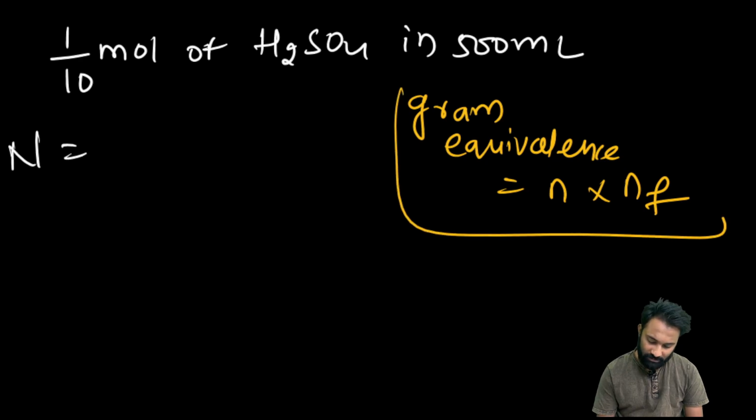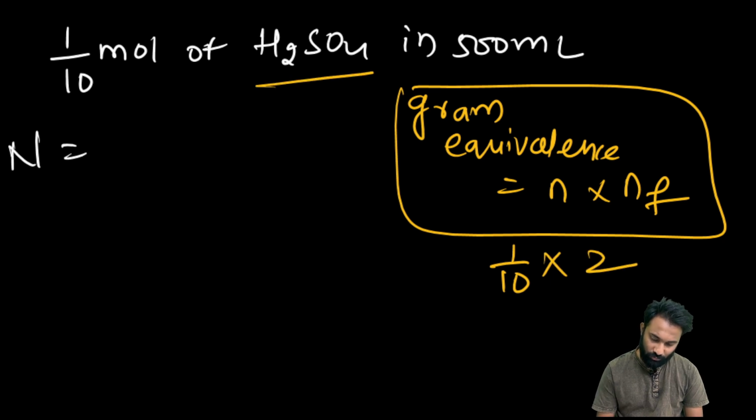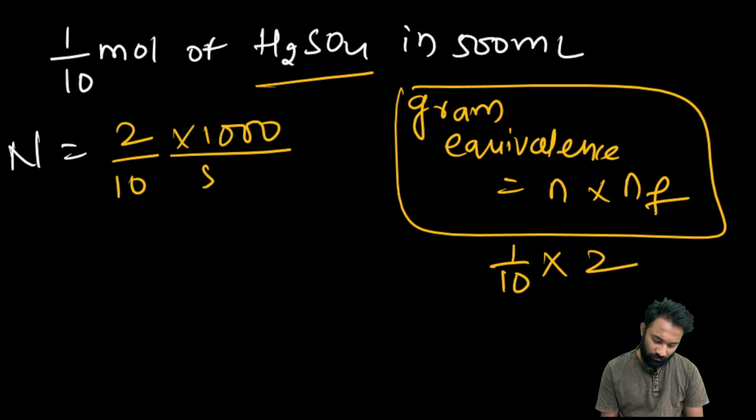This is a formula I derived for you yesterday. The given number of moles will be 1 by 10 and the H2SO4 n factor is 2. Now by this you got the gram equivalents, or equivalents. So 2 by 10 into 1000 by 500 ml.